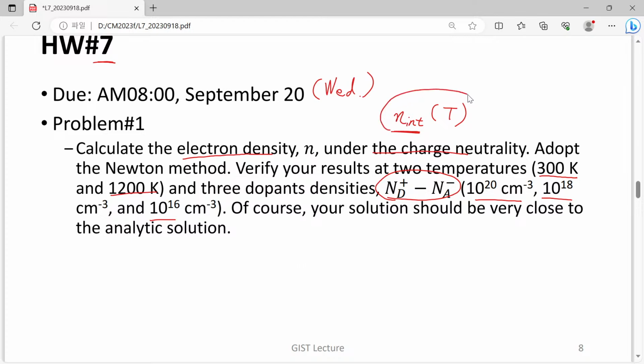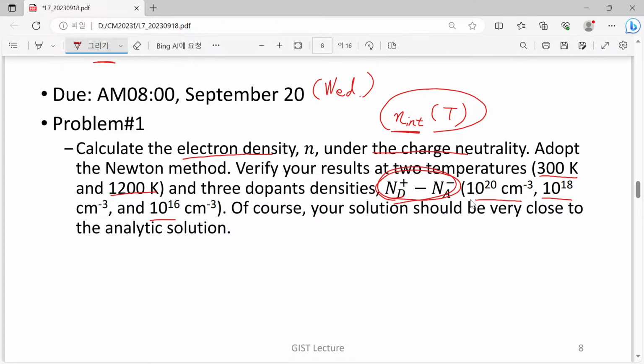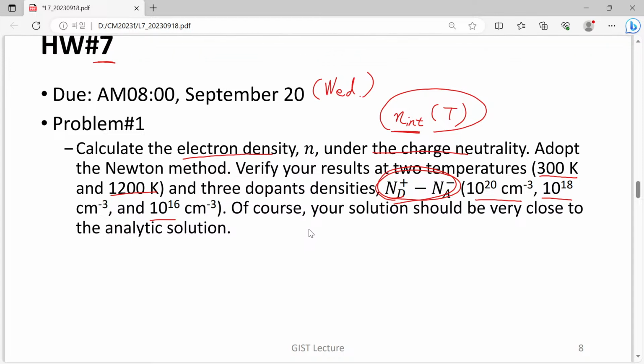From this expression, you can calculate one coefficient, and you can calculate another coefficient from the given numbers, 10 to the 20, 10 to the 18, and 10 to the 16. Then please make a comparison between the analytic solution and your numerical solution. So that is my first homework.